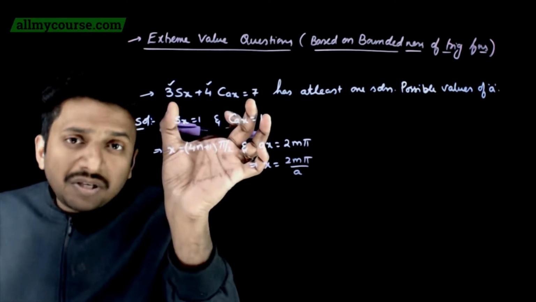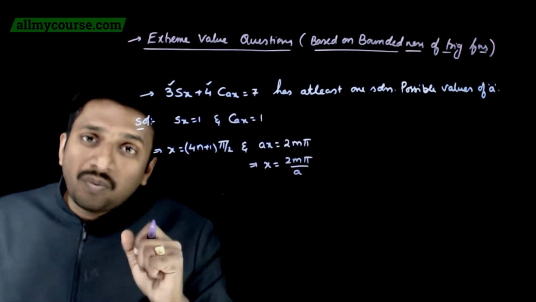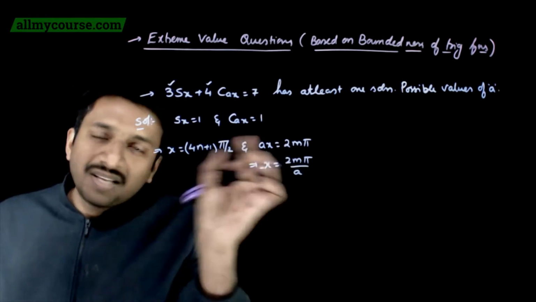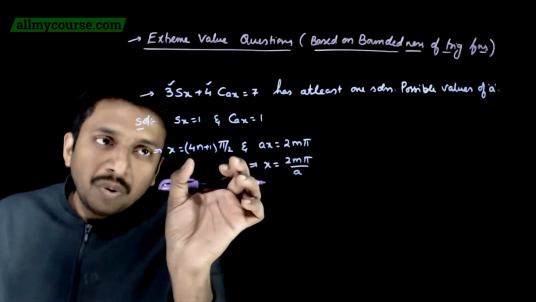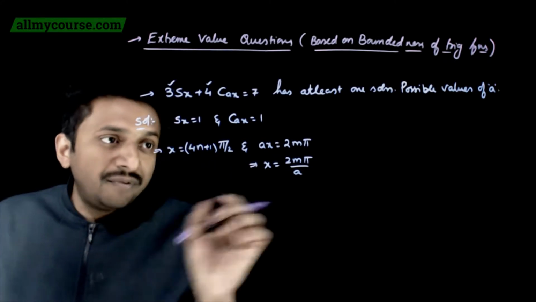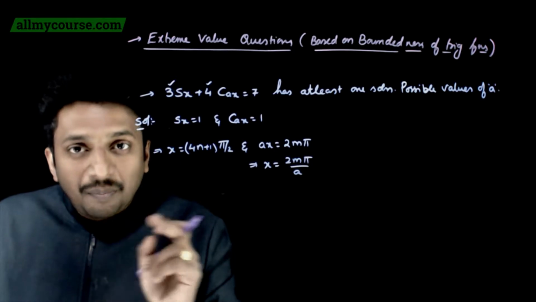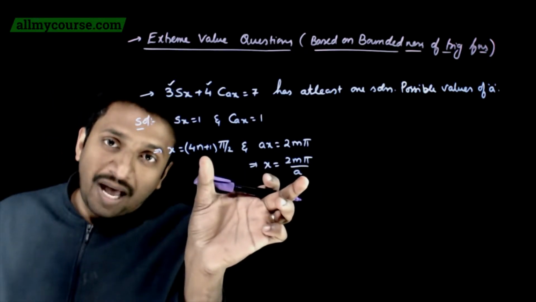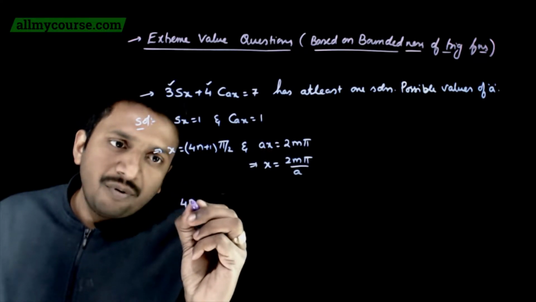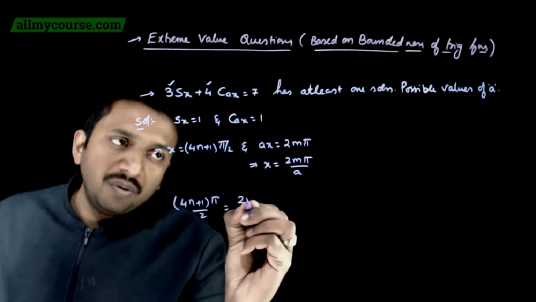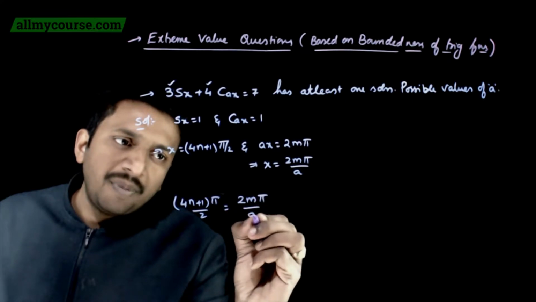So for this equation to have at least one solution, you should have some solution which looks like this as well as this. My x has to look like (4n plus 1) times pi by 2. My x also has to look like 2m pi by a. So for these two types of solutions to have a common solution, you need (4n plus 1) times pi by 2 to be equal to 2m pi by a.